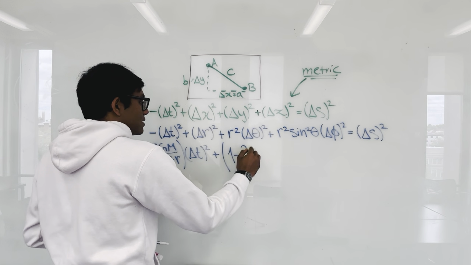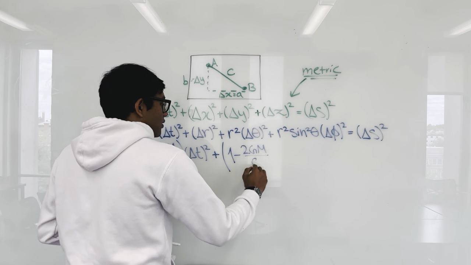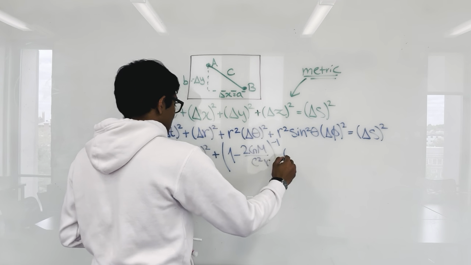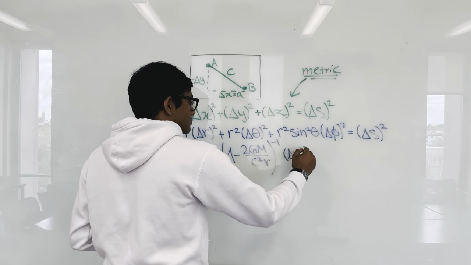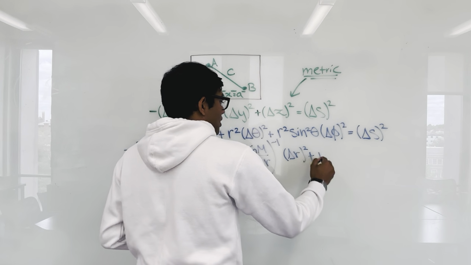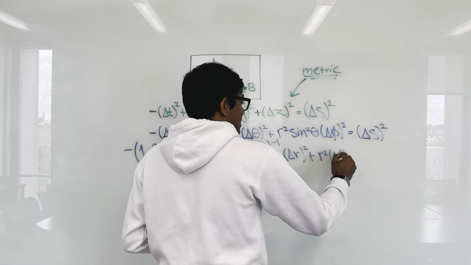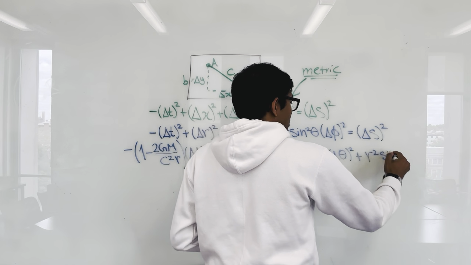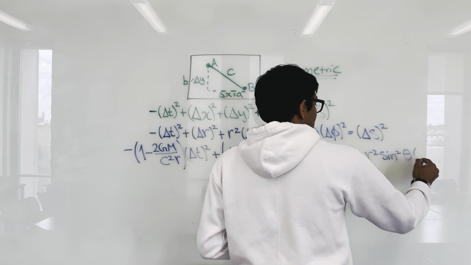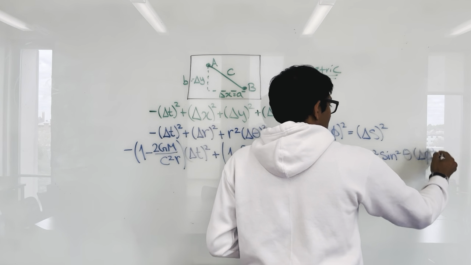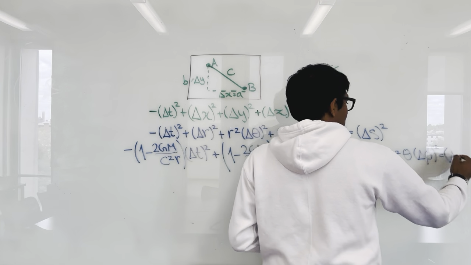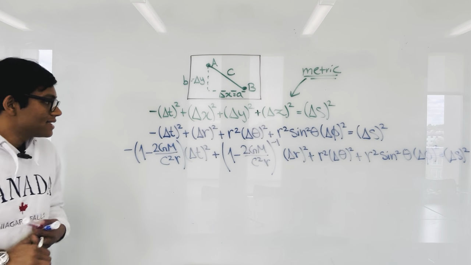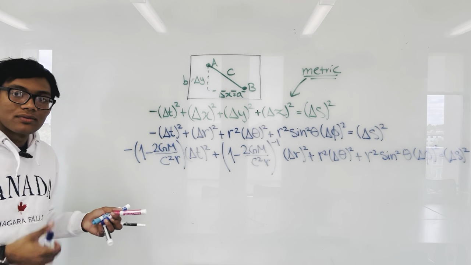Plus 1 minus 2GM over c squared r to the negative 1 delta r squared plus r squared delta theta squared plus r squared sine squared theta delta phi squared. All of this is equal to delta s squared. Okay, this is the equation of a black hole.